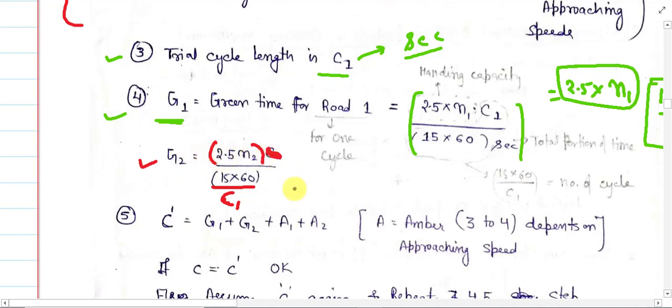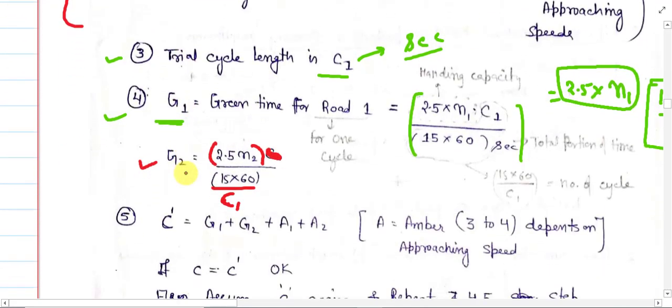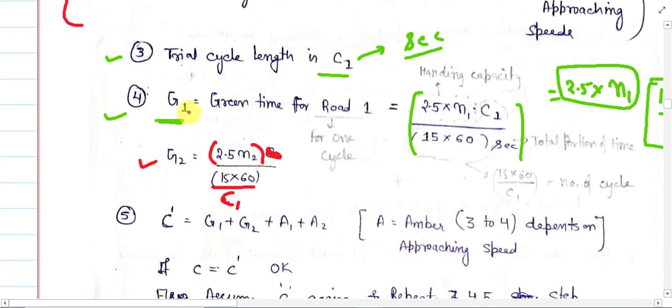N1 and N2 are different. So the bigger the value of N1 or N2, the bigger the value of G1 and G2. In simple words, we will allow more green time for those roads which contain heavy traffic. Okay, so by this value we will find our G1 and G2 values.